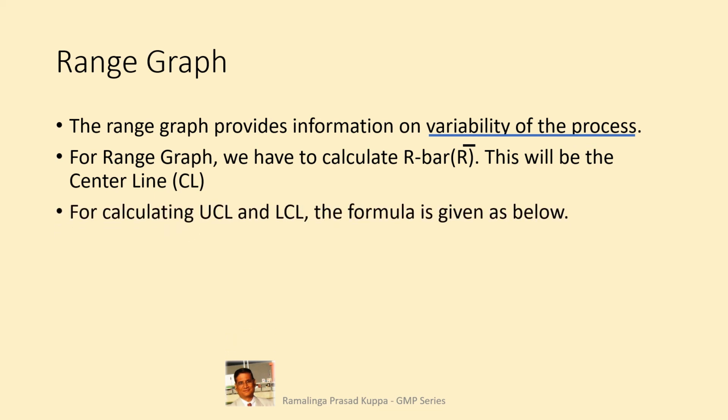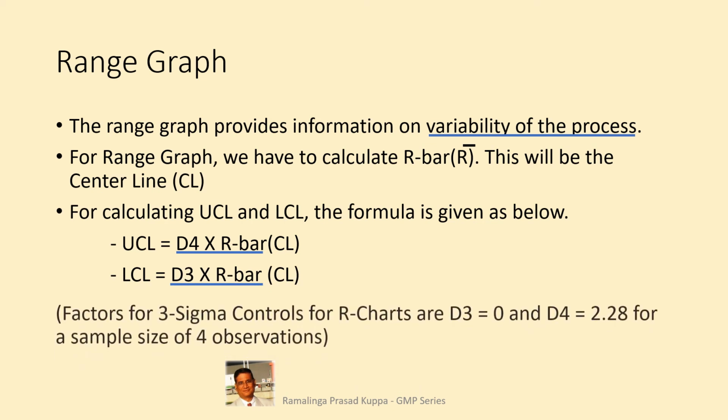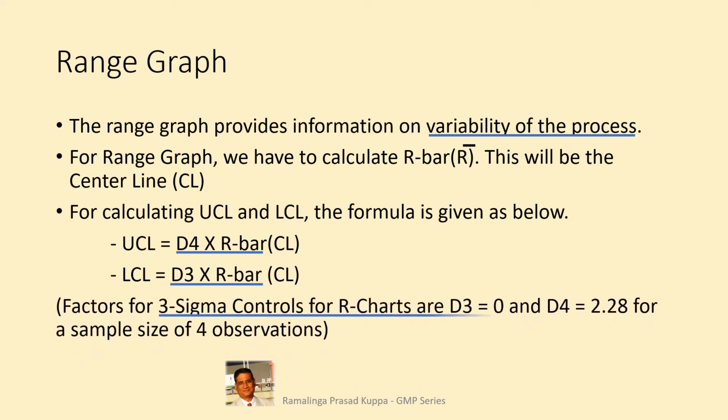For calculating UCL and LCL, the formula is given as below. UCL is equal to D4 into R bar. LCL is D3 into R bar. Factors for 3 sigma controls for R charts are D3 is equal to 0 and D4 is equal to 2.28 for a sample size of 4 observations.